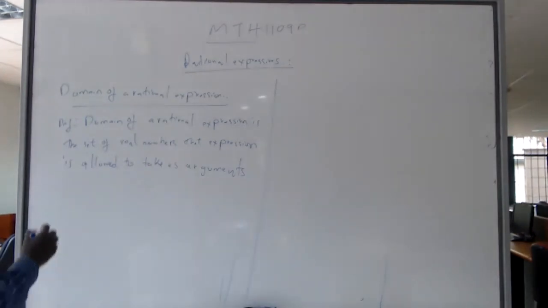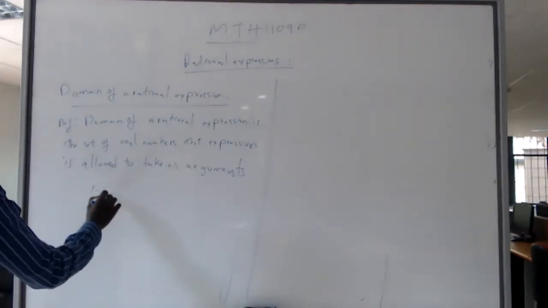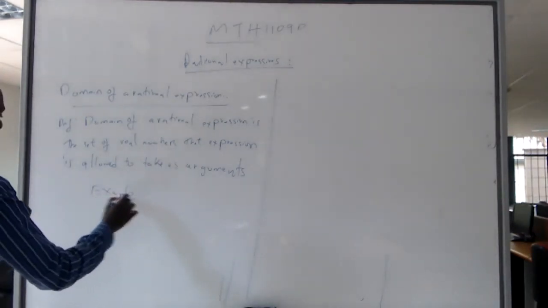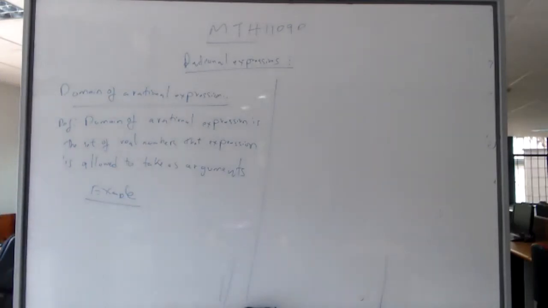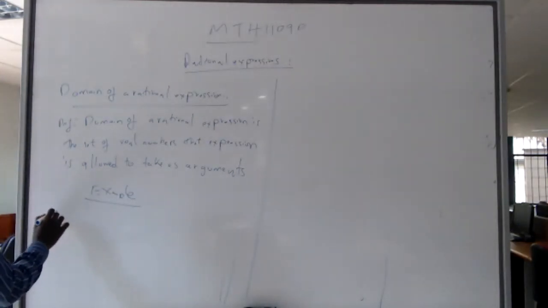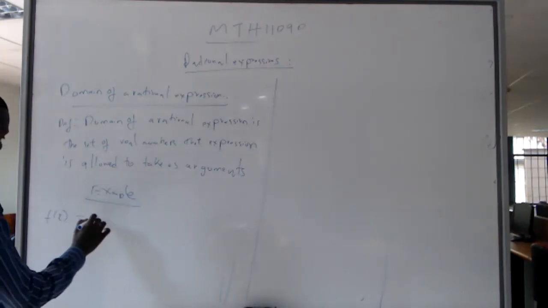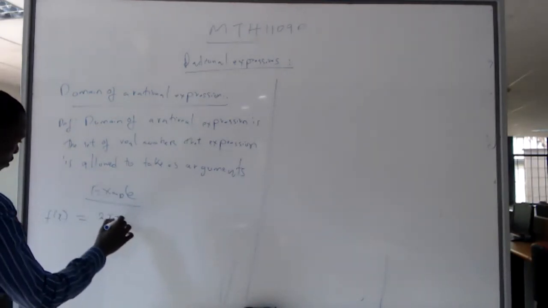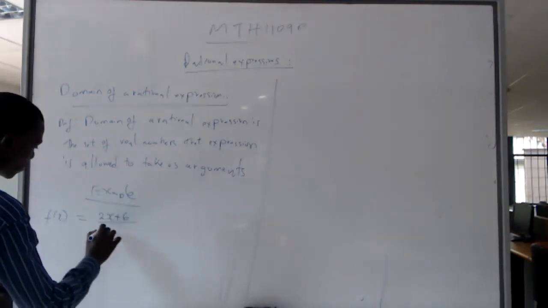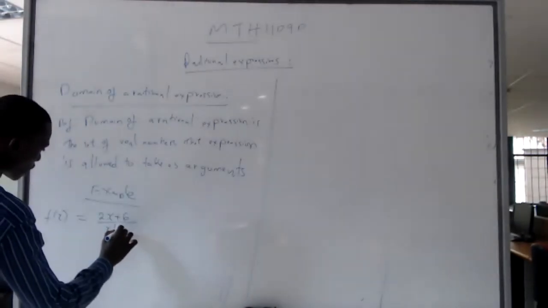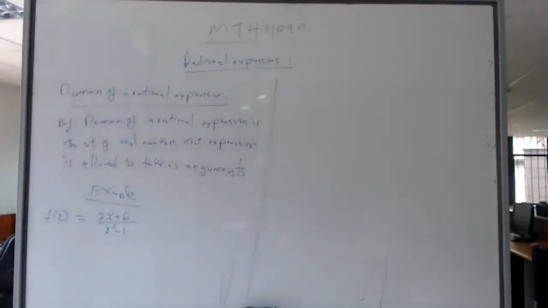For example, I will give you an expression and the domain. We will also compute values for the expression at some point. Let's have an expression defined by 2x plus 6 divided by x squared minus 1. We want to find the domain of this function.